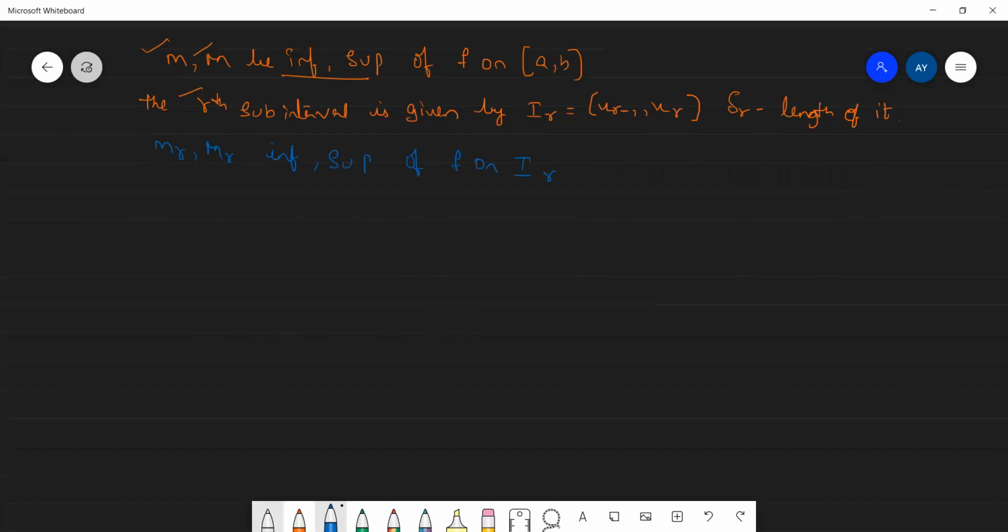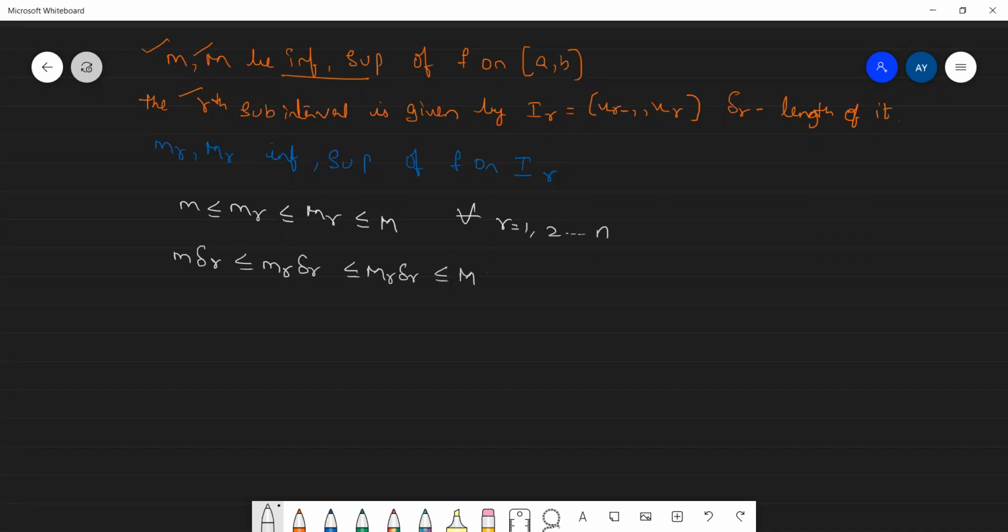Now, what is the condition that we had earlier? m is less than or equal to m_r, less than or equal to M_r, less than or equal to M, for all r equals 1 up to n. Now multiplying by delta r, we have m delta r less than or equal to m_r delta r less than or equal to M_r delta r less than or equal to M delta r.